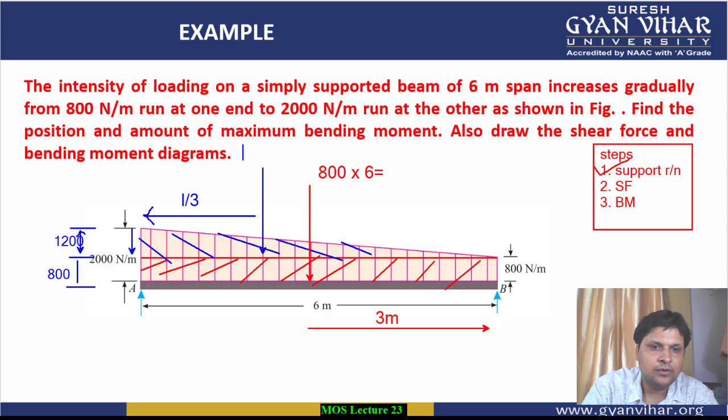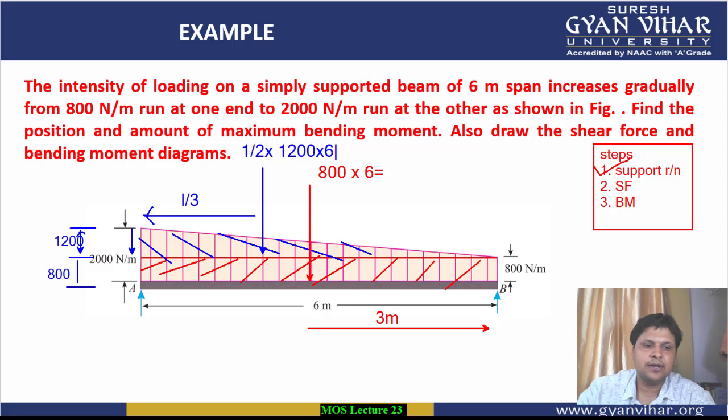How will we calculate? It will be half into, on one side it is 0, on the other side it is W. So half into W into the distance, which is 6. So it is half into 1200 into 6.